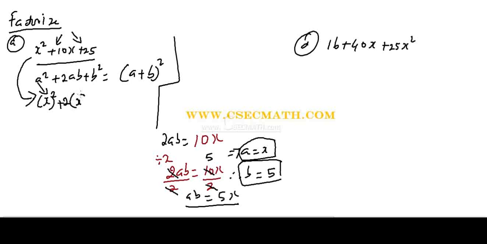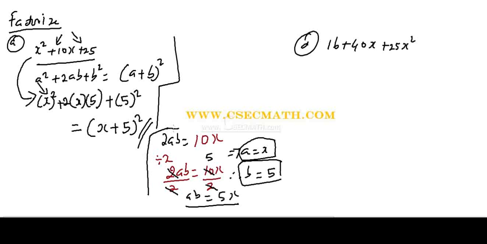So in place of a I place x, and in place of b I place 5, followed by b squared, that would be 5 the whole squared, because of the deduction that we obtained. Hence x squared positive 2 times x times 5 positive 5 squared can now be rewritten as x positive 5 the whole squared, which is the solution.